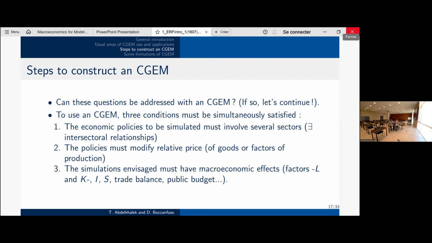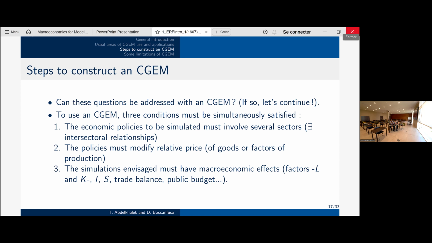The third one is that the simulation we run with our model must have a significant macroeconomic effect. I will give you an example. Some years ago I had to look at the impact of a reform of the fishing sector in some country.